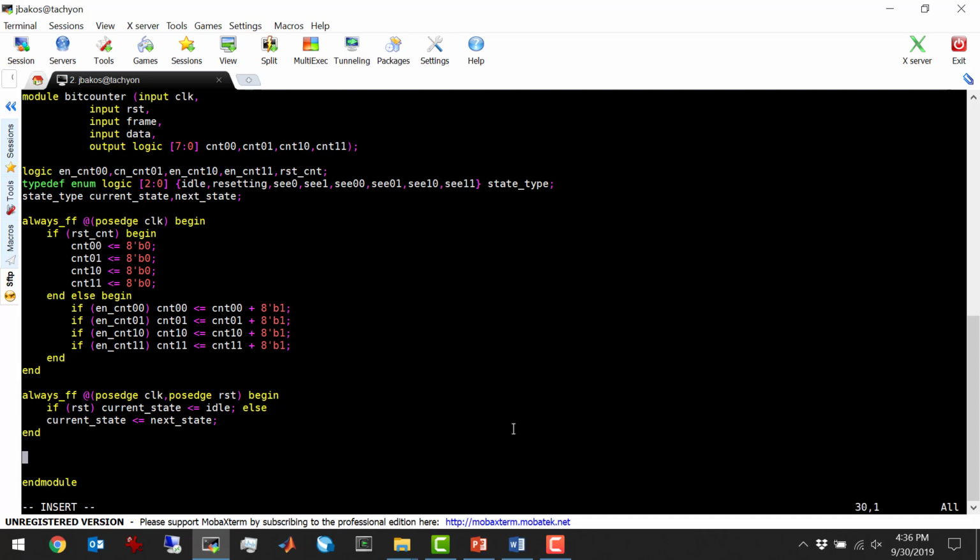Okay, and then always_comb, begin, end. So now I need my next state logic. Okay, so now this is where you have to choose how you want to set this up. In some cases, it's easiest to use a case statement for this, right? You can have one case for each state, each current state. Or you could do an if-then-else block. It's up to you.